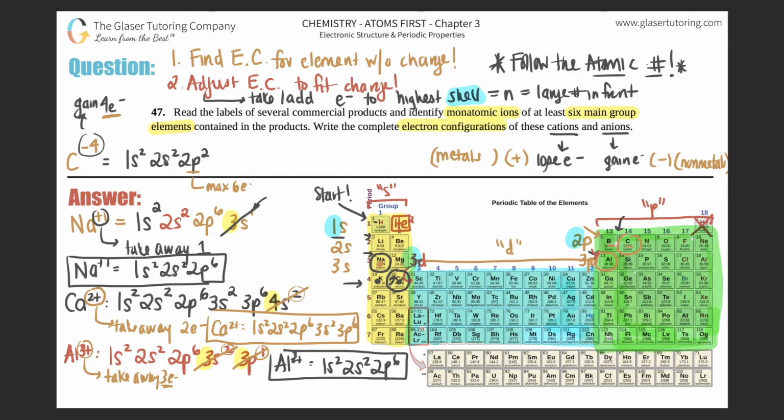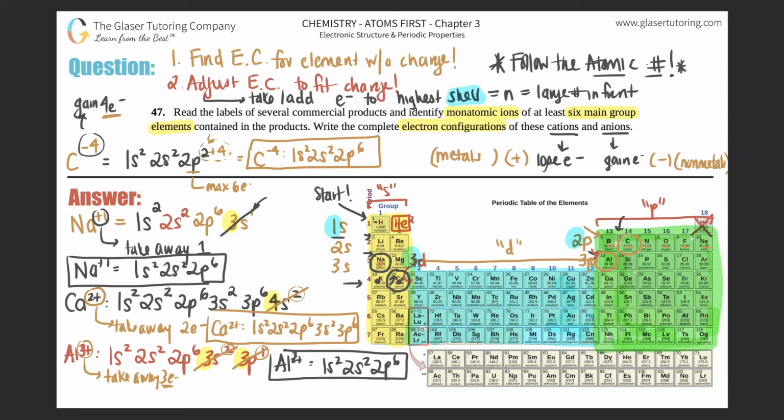If I count these boxes, 1, 2, 3, 4, 5, 6. So you just add on to where you left off. So if I just add the 4 here, this would turn into a 6. And that's perfect because the p maxes out at 6. So it would be 1s2, 2s2, 2p6. Box that off. That's the final answer for carbon.